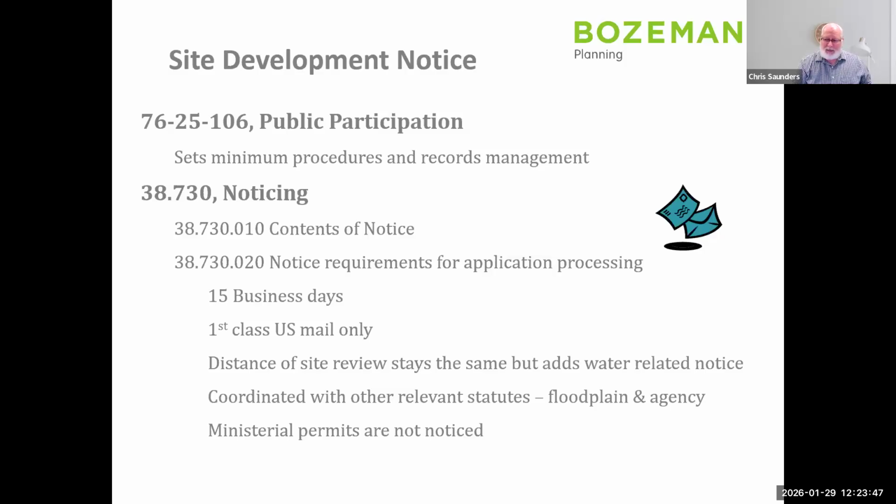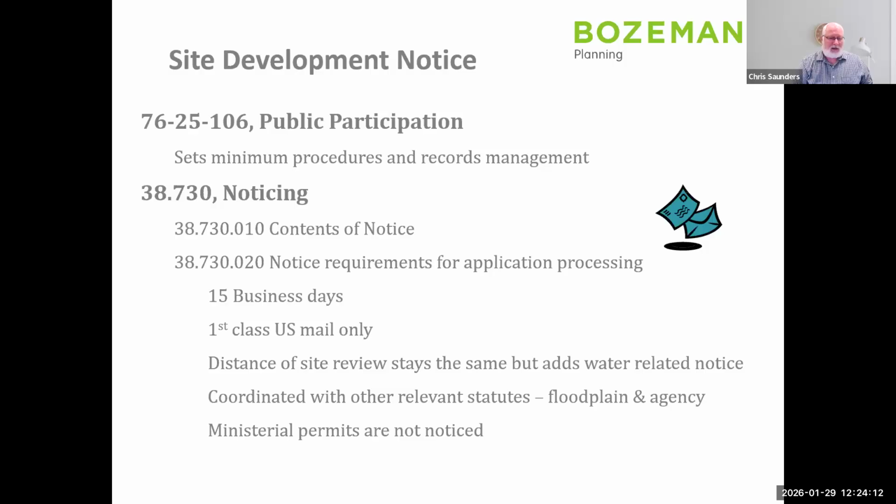And then the city has implemented through Division 730 in the UDC, our local noticing. So what is the content of the notice? When do you distribute it? How do we distribute it? How far do we distribute it? And we have coordinated with other kinds of reviews.